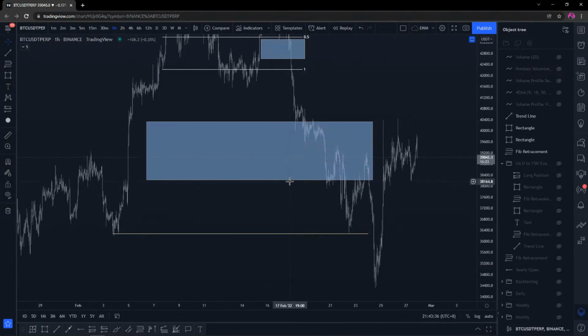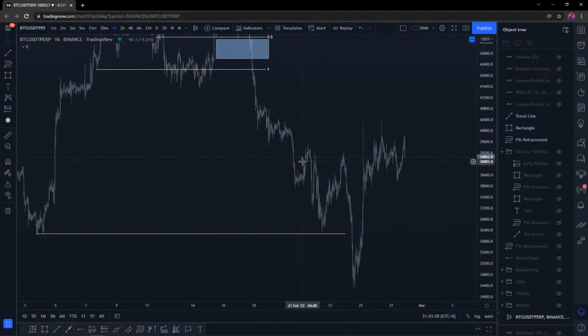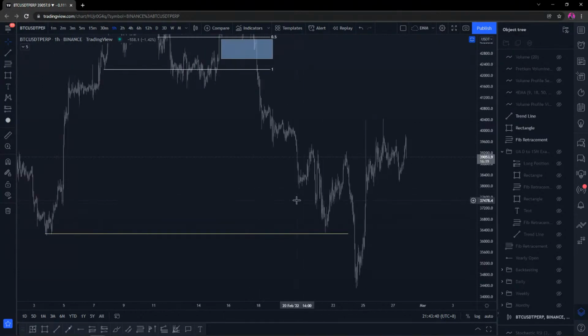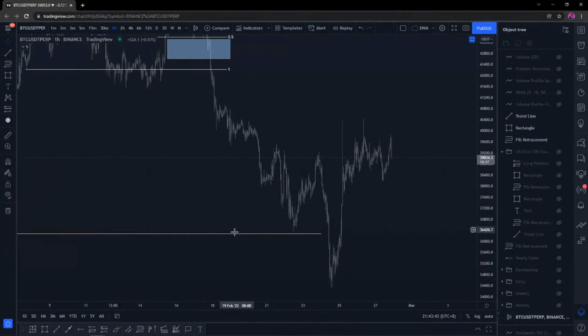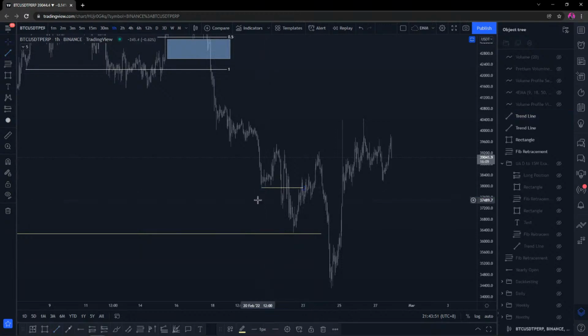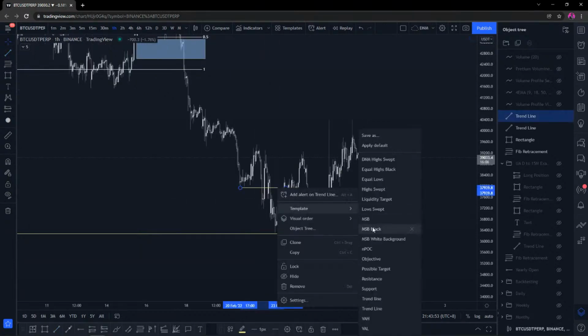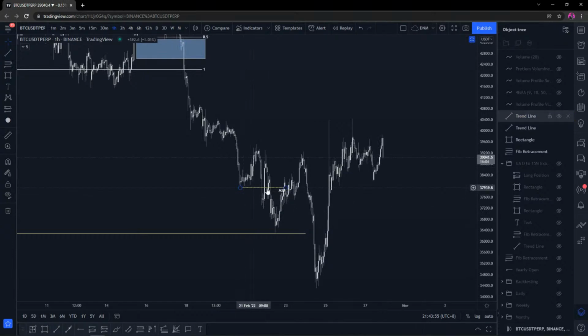So if we got rid of this, and this is also a method you can use where you don't necessarily need to use the range level. This is what I used last week. Once you come through this level and you have that break in structure right there, you call that a market structure break, because a key low is traded through.